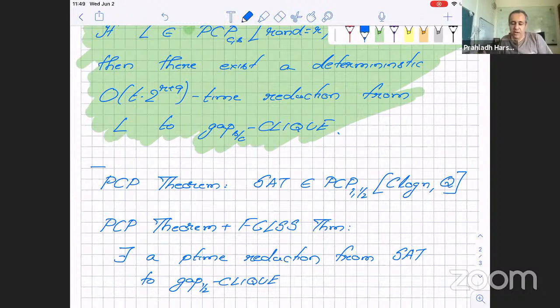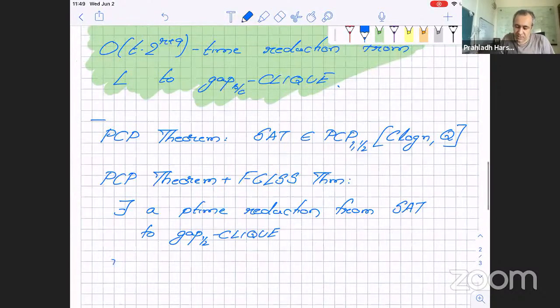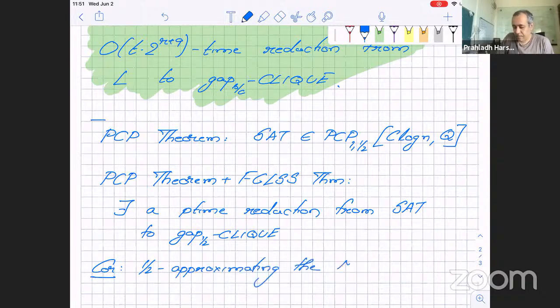So this already tells us that, if you assume the PCP theorem and this theorem which we will prove, then half approximating the max clique is NP hard.